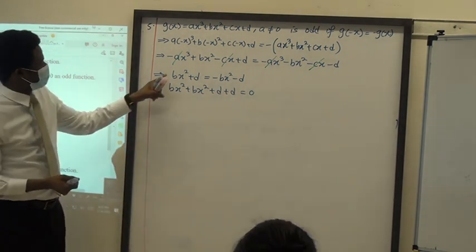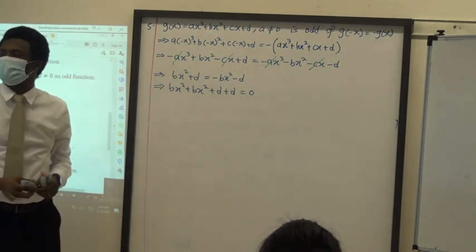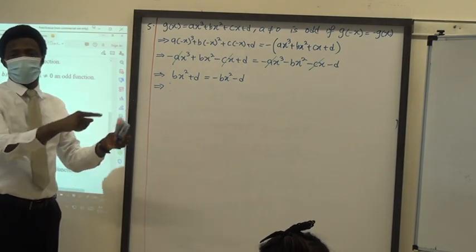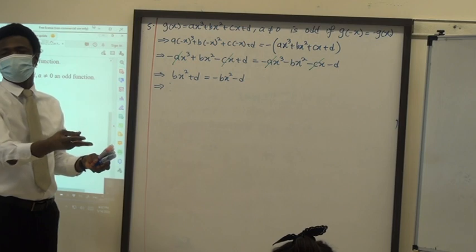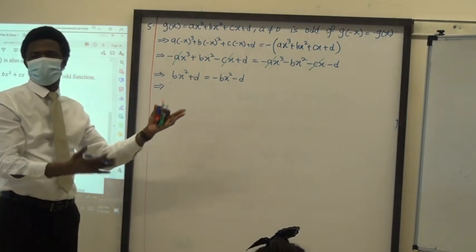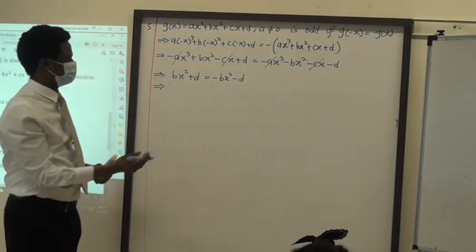Or I can say when b is equal to negative b and when d is equal to negative d, which I think is even easier when you compare the polynomials. If you factorize, you get 2bx squared equals 0, which means bx squared is equal to 0. That's another thing to do.